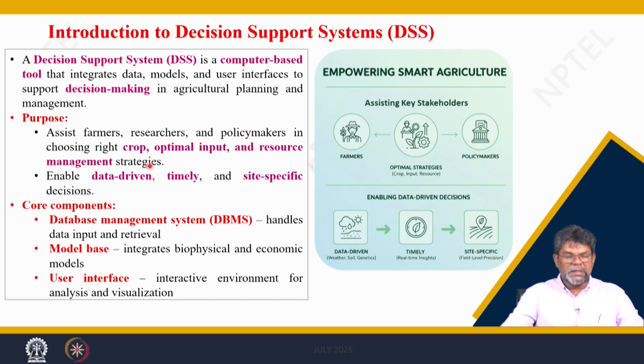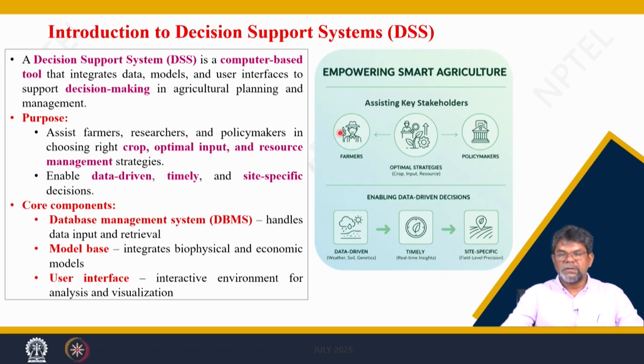In the case of the agricultural production system, there are different stakeholders. We have the farmers and the policy makers, who are the end users, and the other stakeholders are the researchers and scientists. They use the model for the purpose of an optimal strategy for crop input management, and the users are the farmers or the policy makers.